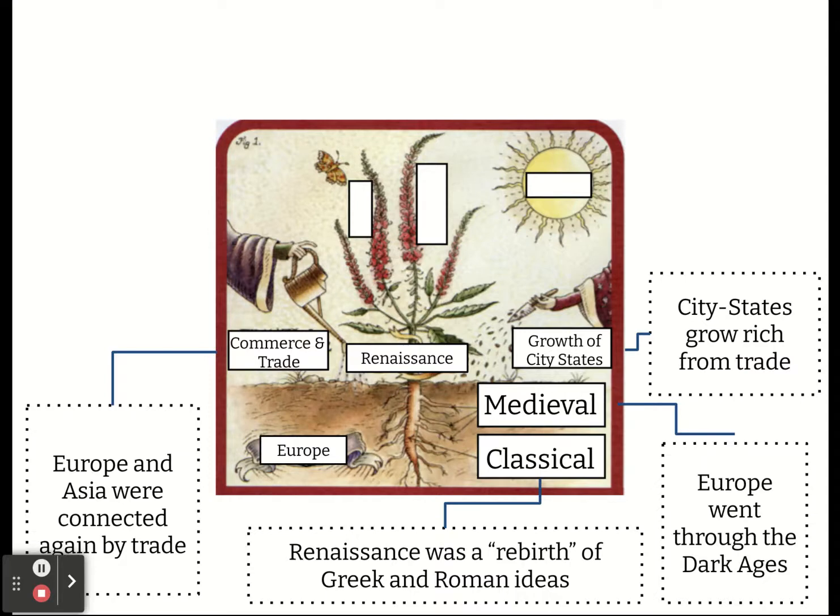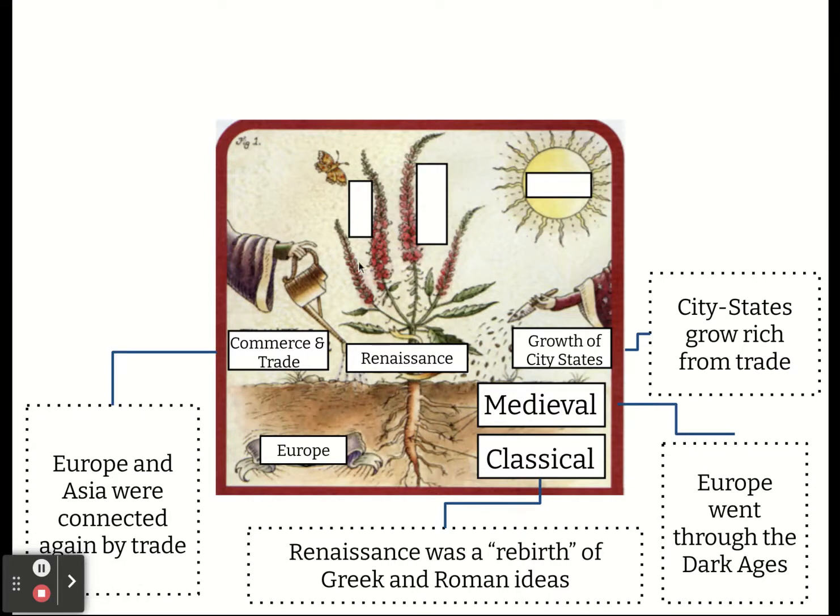In the Dark Ages, they were bartering. Now they're trading again. And they're trading because they're connected to Asia and Africa. That whole Afro-Eurasia is reconnected again because Europe's bringing it back. Africa and Asia were connected during the Dark Ages, but now we're just bringing the Eur part back, okay?